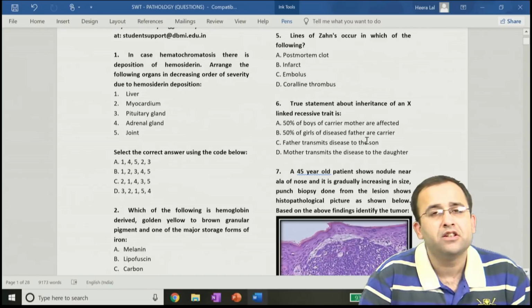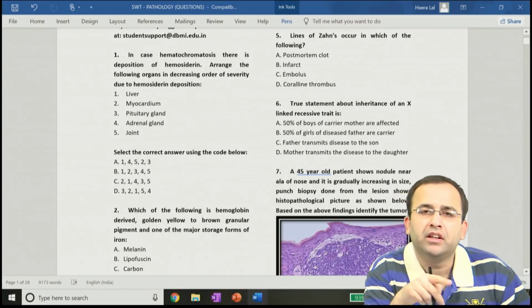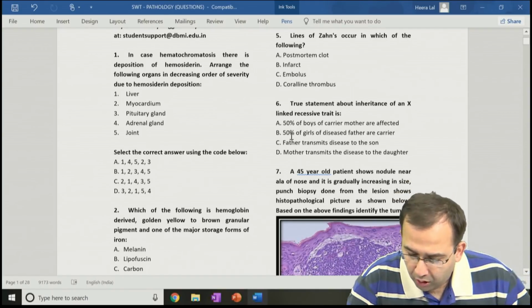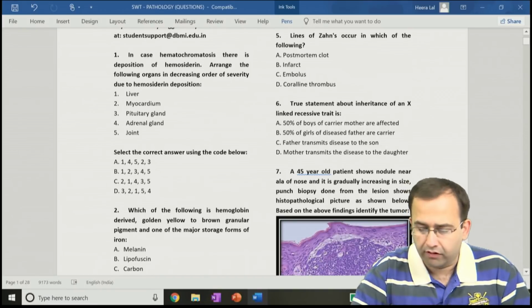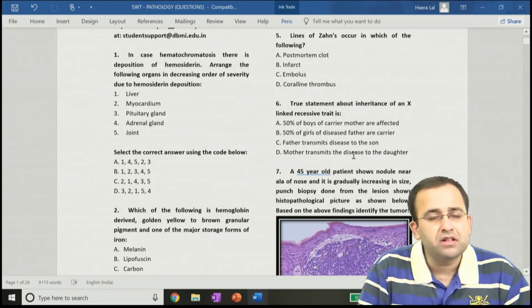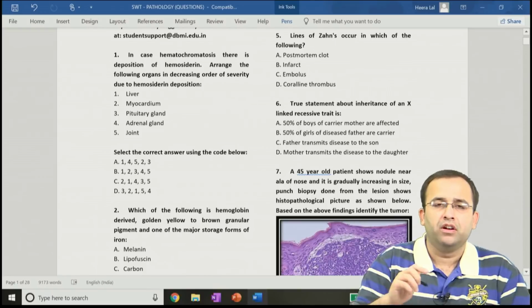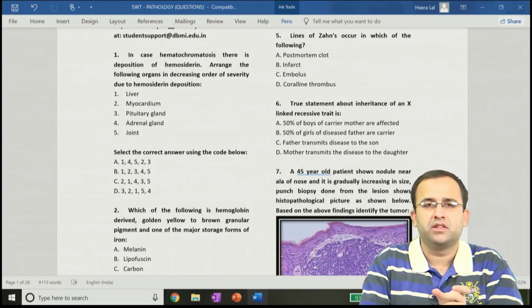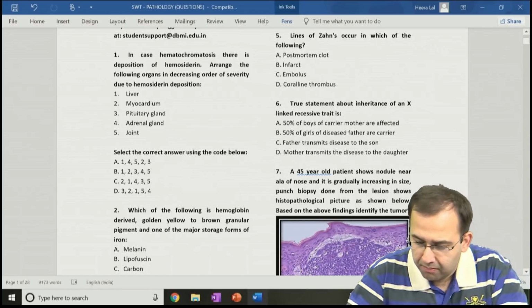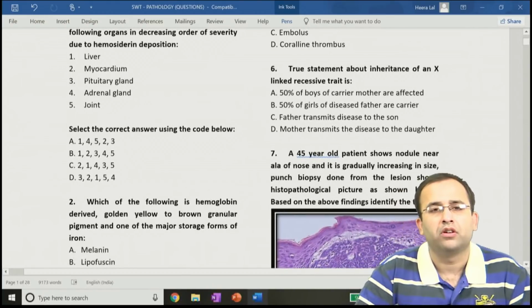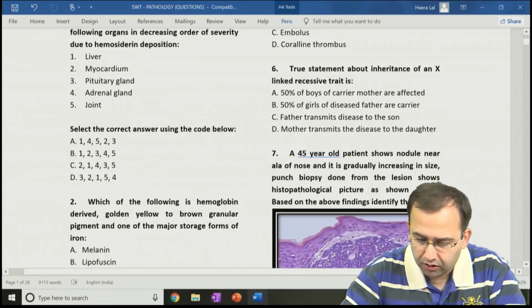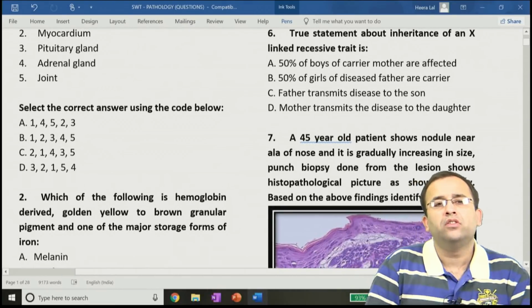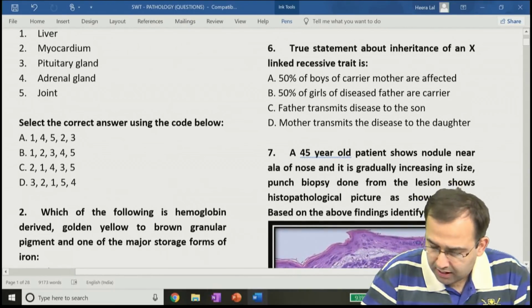If the father is affected, then all the girls are carriers, not 50%. Father transmits the disease to the son? Never, because the father's Y chromosome goes to the son, not the X chromosome. Mother transmits the disease to the daughter? Again no, this is not true. So the answer to question 6 is A.